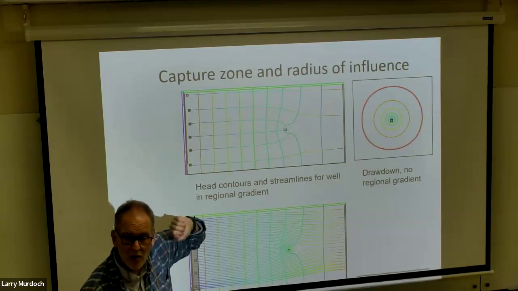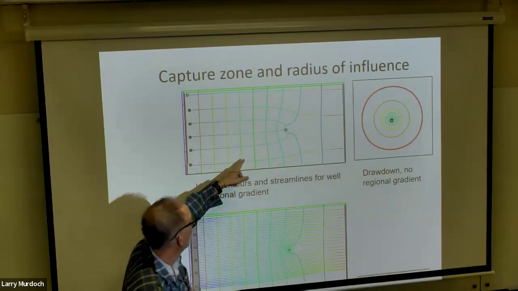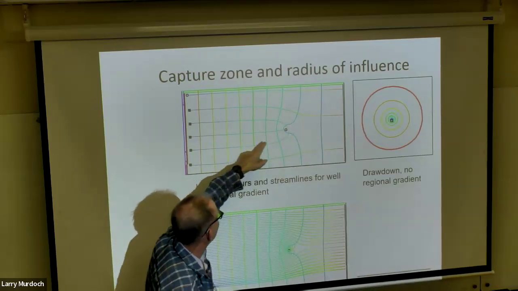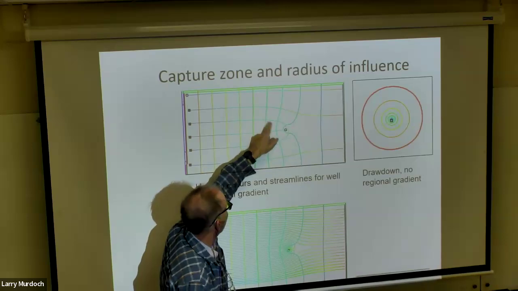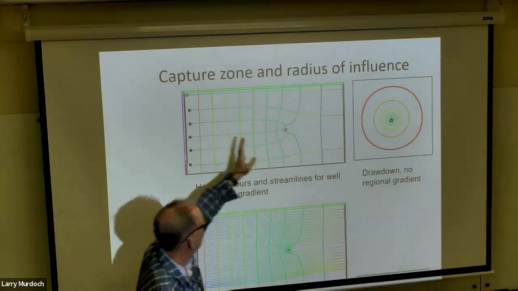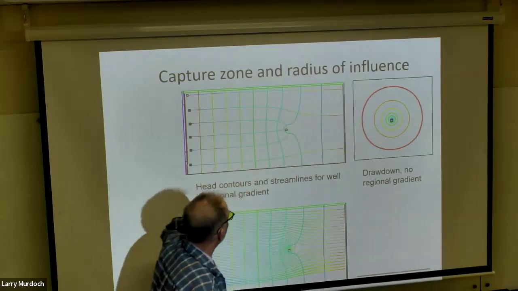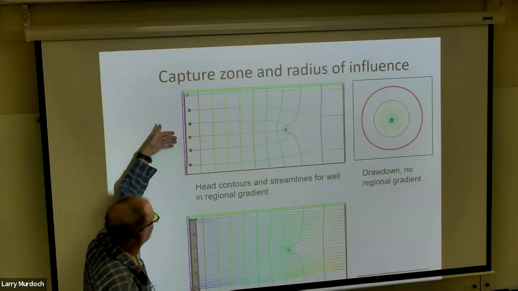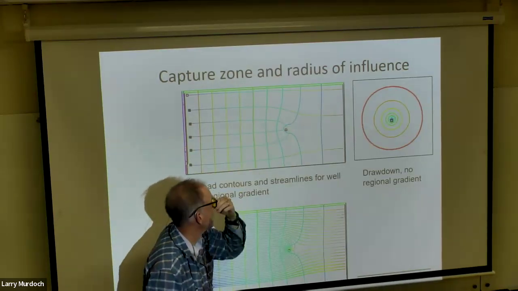Okay, so if we do a flow net on this, then we get flow that looks like that. And actually, this could be high head and this low head, or the other way around. I think the way I'm drawing this would be the high head, the flow would be going like that.